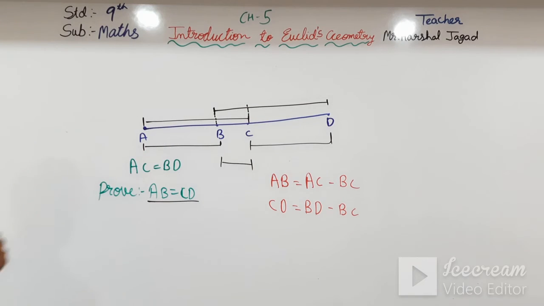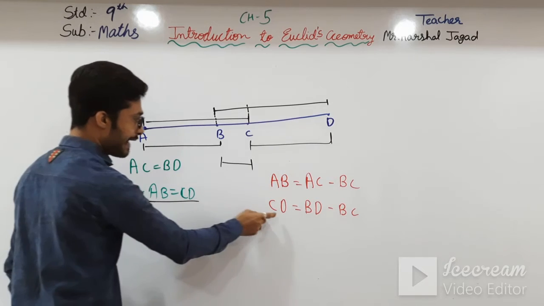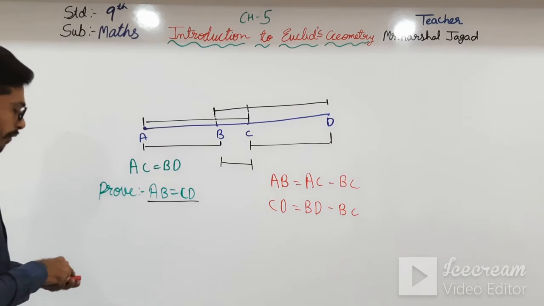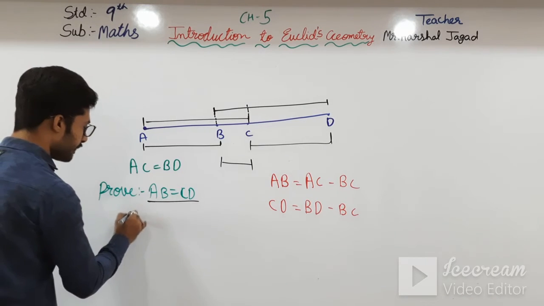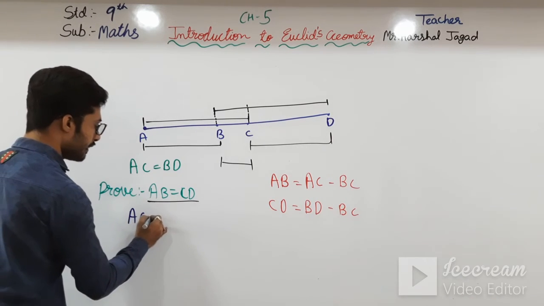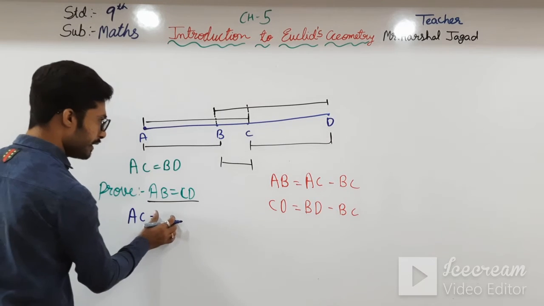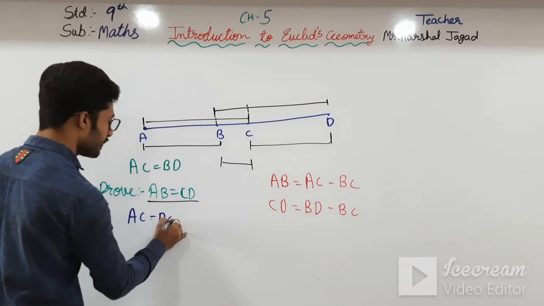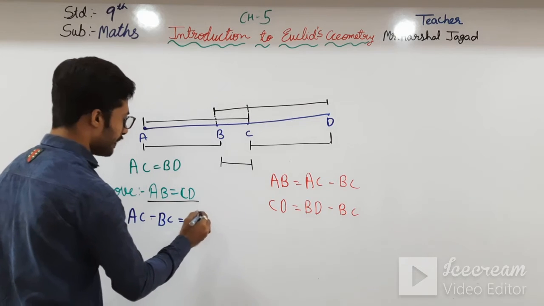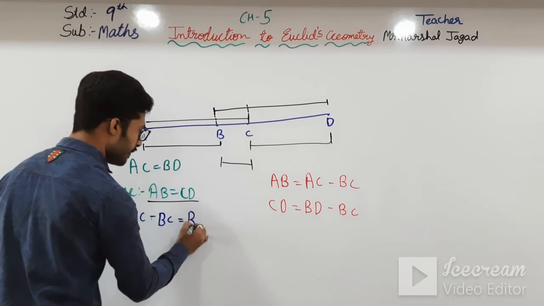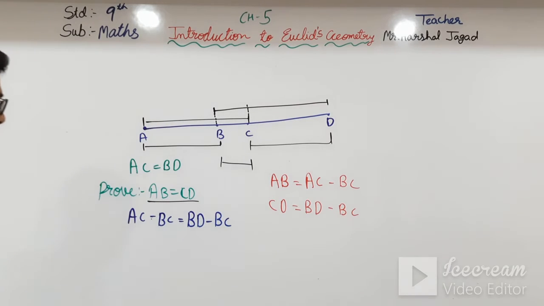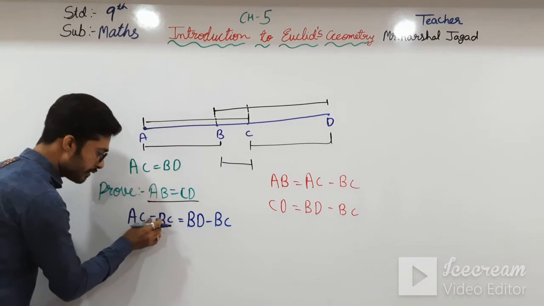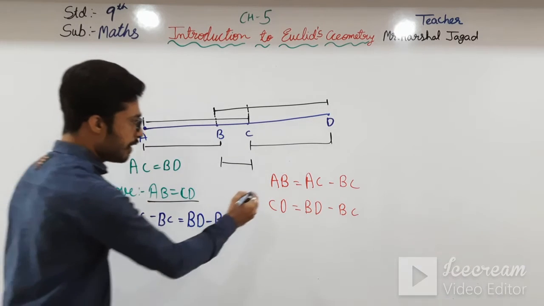Okay students, now putting these values of AB and CD in this equation, let us write that. AB is AC minus BC, and CD is BD minus BC. You can see students, AB. What is AB?